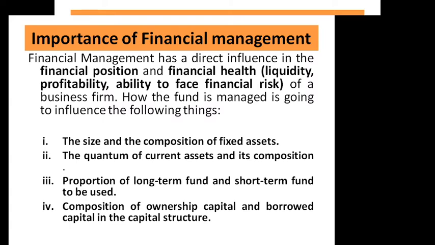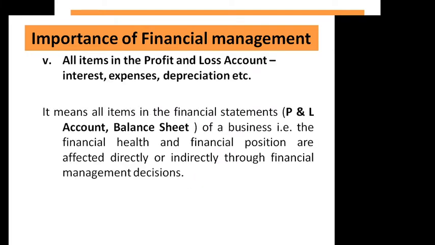Some of the things of the business firm are the size and the composition of fixed assets, the quantum of current assets and its composition, proportion of long-term fund and short-term fund to be used in the organization, composition of ownership capital and borrowed capital in the capital structure. All items in the profit and loss account such as interest, expenses, depreciation, etc. are also influenced by financial management.